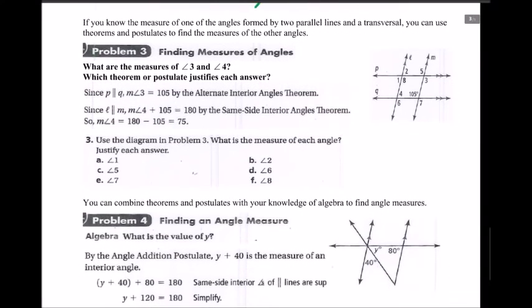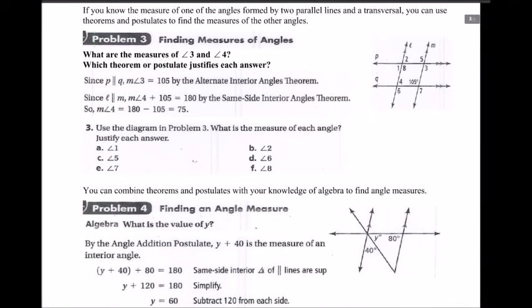All right, what fun can we have with these? If you know the measure of one angle formed by your parallel lines and a transversal, you can use it to find the measures of other angles. So let's take a look at our diagram over here. I see parallel lines all over the place.